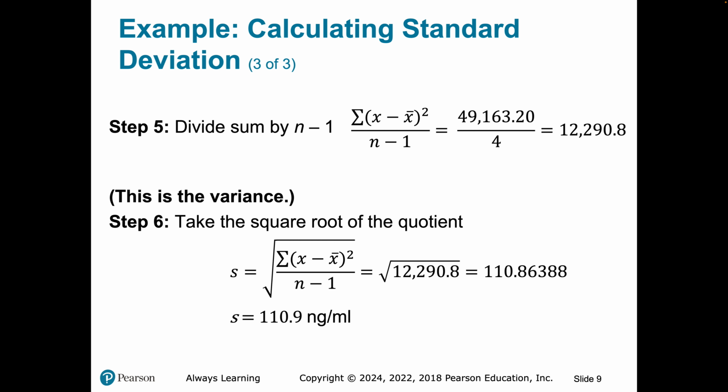The standard deviation is in units of the measurement. So it's important to keep that in mind. Let's say that our measurement was in grams. Then the variance would be in units of grams squared. The standard deviation would be in units of grams, the original measurement. So ng per ml must be the original measurement.